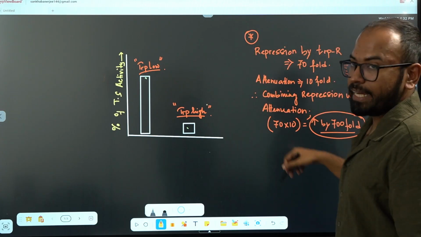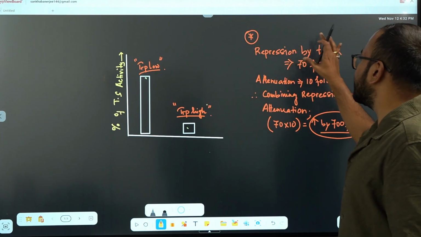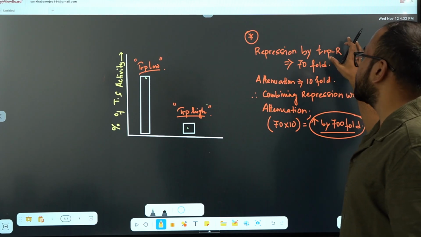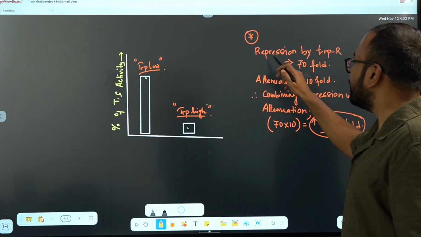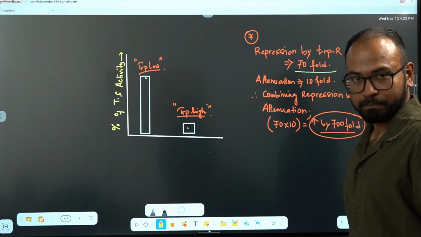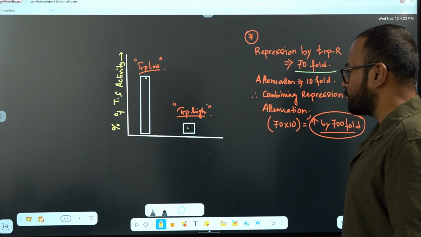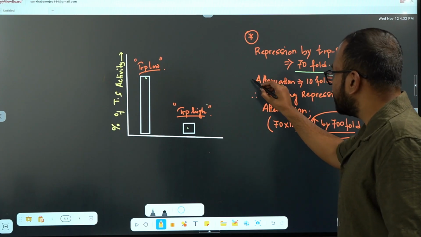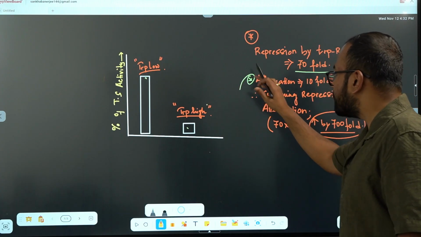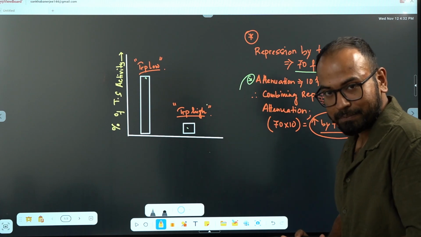This information is taken from Weaver. When only trpR, that means Trp repressor, is present, it can repress the overall Trp operon 70-fold. And if the attenuator is separately applied, then it can repress 10-fold.